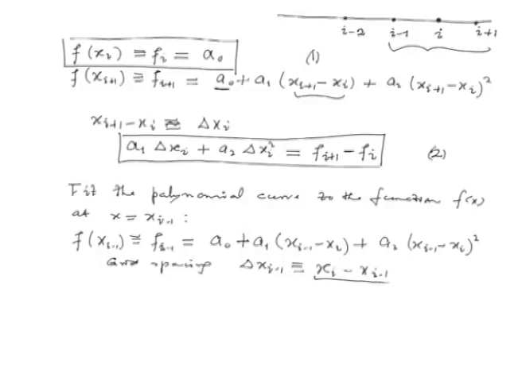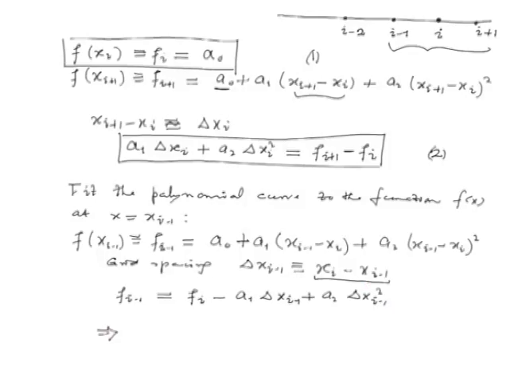So, in terms of this grid spacing, which is a positive quantity, the previous expression would be f of i minus 1 is equal to fi, substitute as fi the value of a0, minus a1 times delta xi minus 1 plus a2 times delta xi minus 1 whole square.